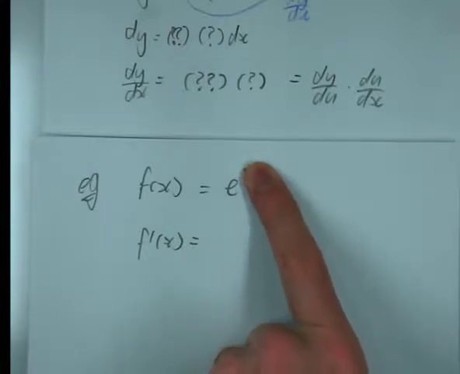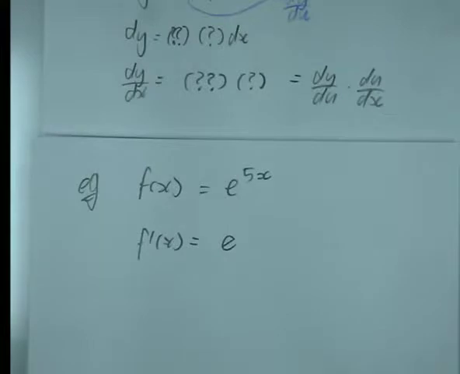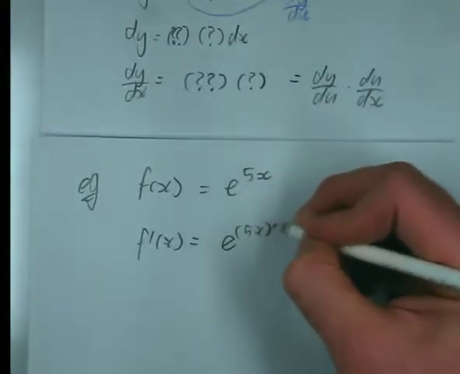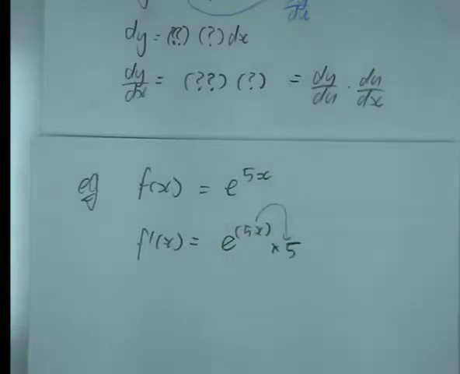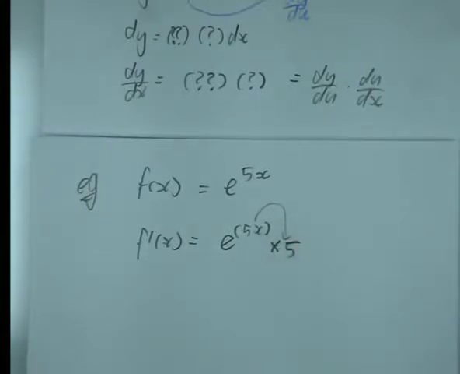And if it was an x, the derivative of e to the x would just be e to the x again. Only it's not an x, it's actually a 5x. And so because of the chain rule, I'll have to multiply by the derivative of that, which is 5. And that's your classic chain rule with e to the whatevers.